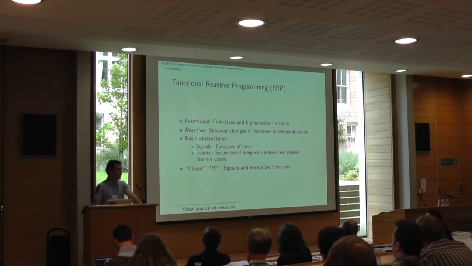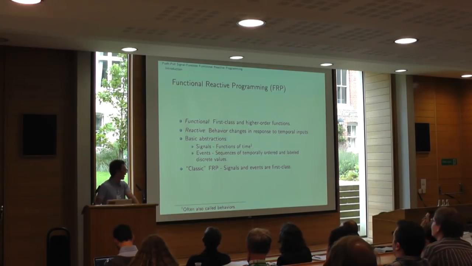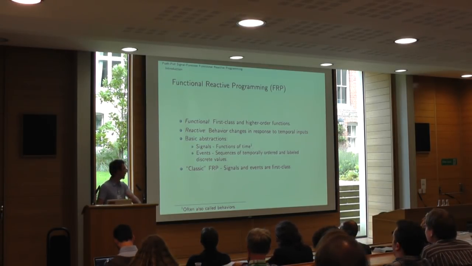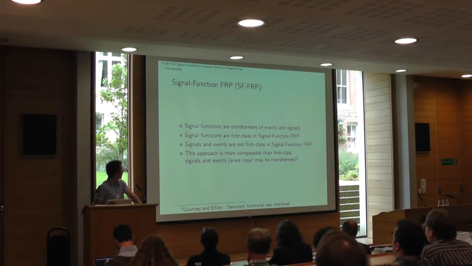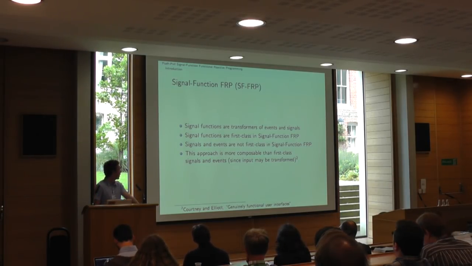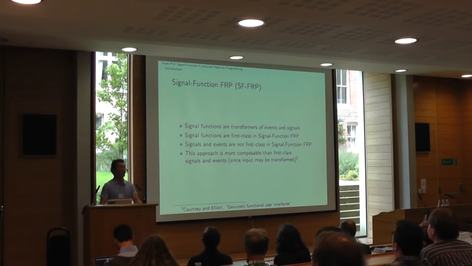The classic formulation of FRP just gives you these abstractions directly, so these are types of values you can manipulate with the combinators. But in signal function FRP, we take that away and we instead give you signal functions, which are transformers of signals and events. One of the main reasons for doing this is it ends up being a little bit more composable.